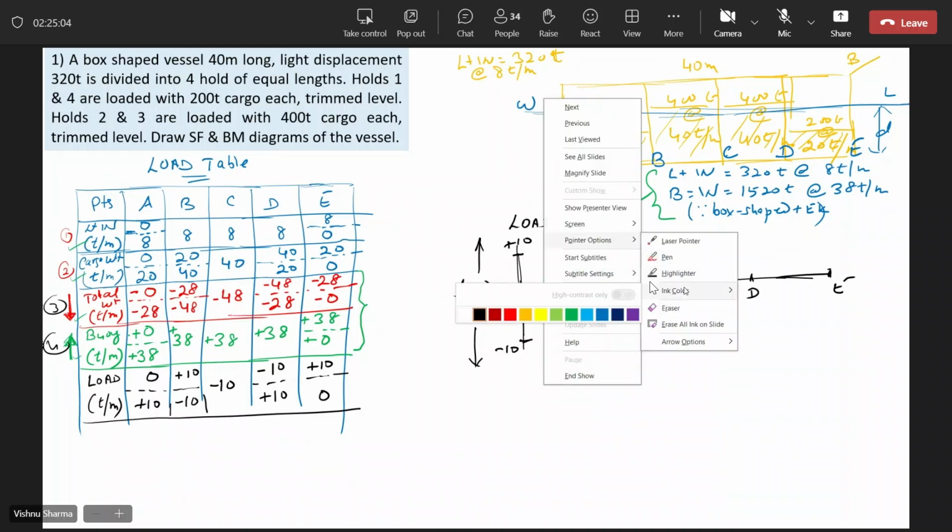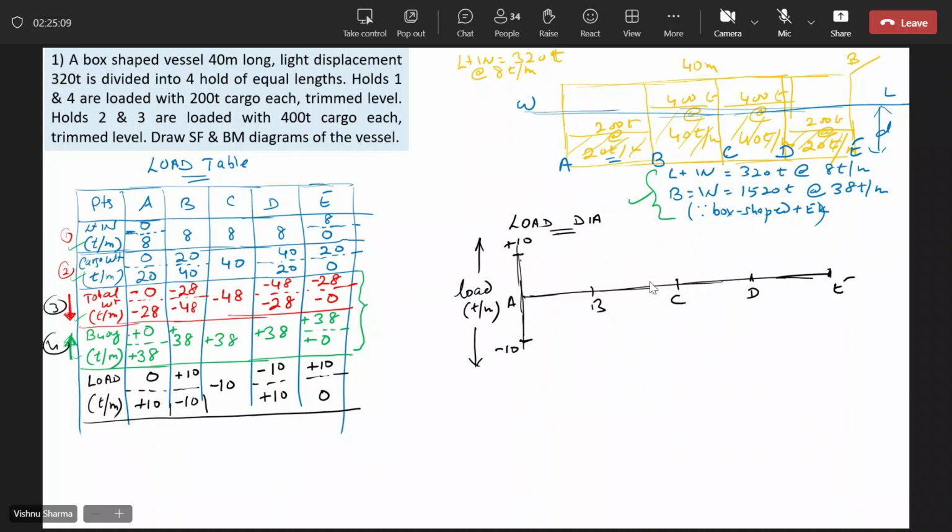Now, we'll draw them. At A, it goes from 0 to plus 10. Then it remains plus 10 up to B. And at B, it changes to minus 10. Then it remains minus 10 to C, remains minus 10 up to D. So this is plus 10, this is minus 10. It becomes plus 10 at D, remains plus 10 and becomes 0.